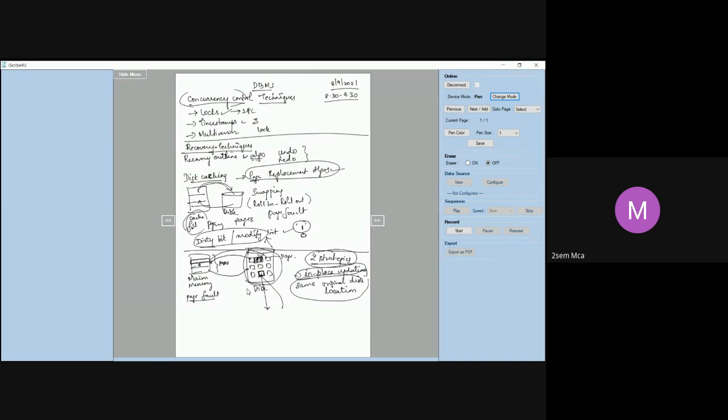The first strategy is in-place updating. The second strategy you call shadowing. Here, whichever buffer is updated will be written in a different disk location, or a new disk location.